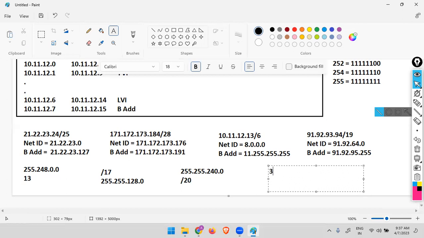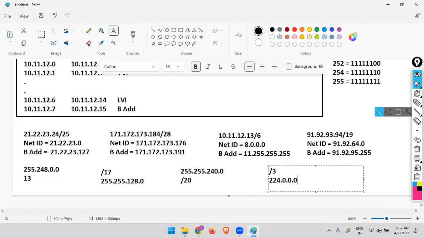What if it is slash 3? The subnet mask is 224.0.0.0.